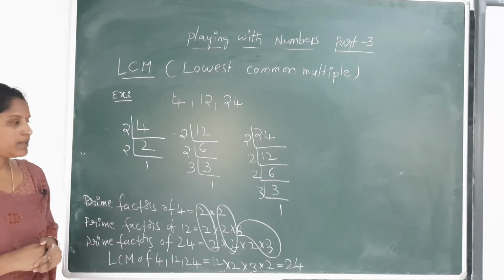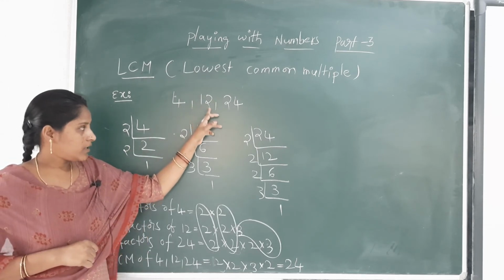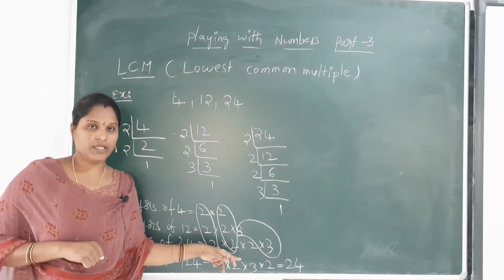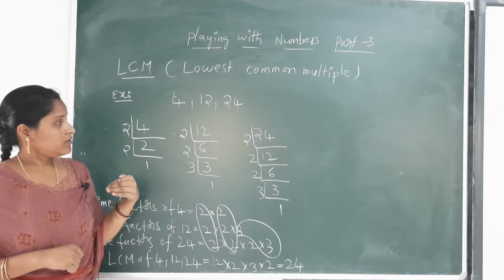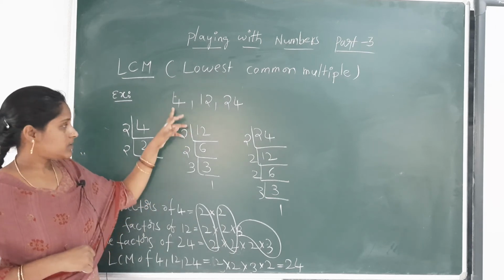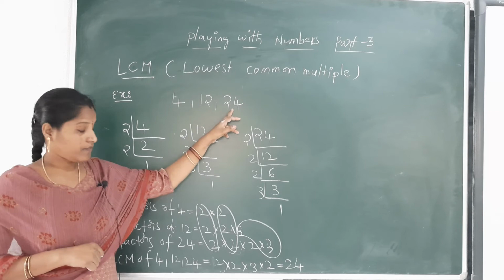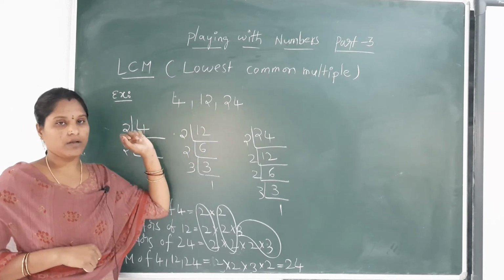We have to observe one thing here. For 4, 12, and 24, we get the LCM 24. Again, we observe that 24 is a multiple of 4 and 12.